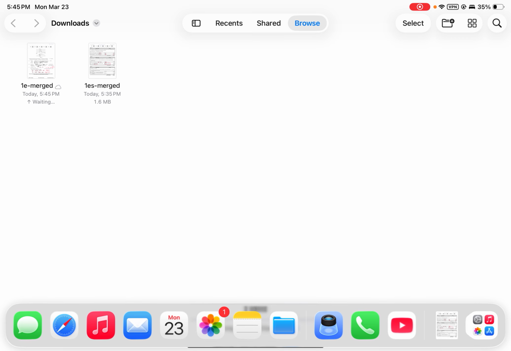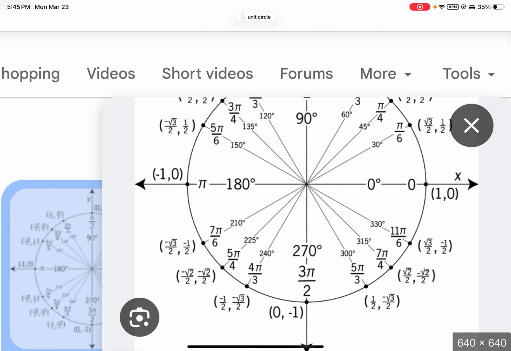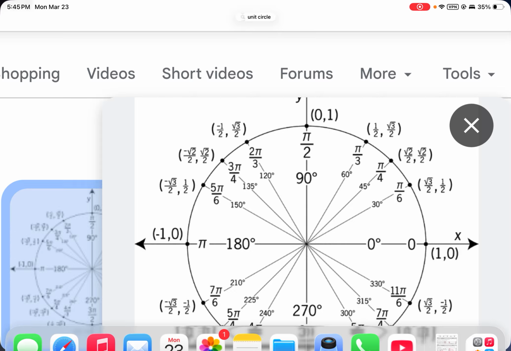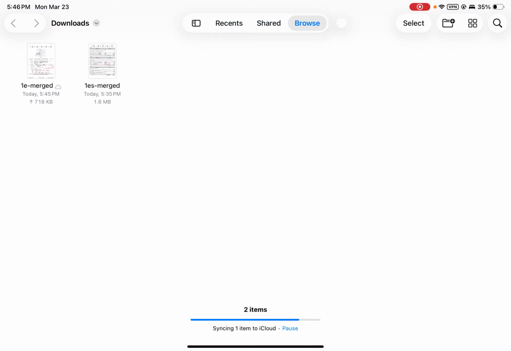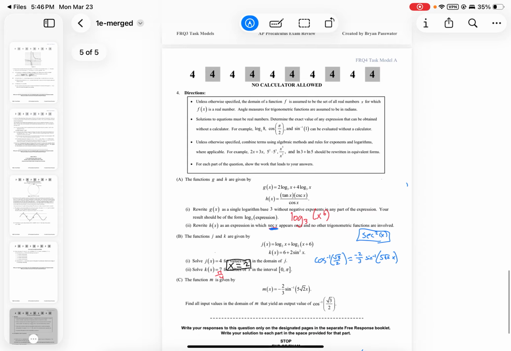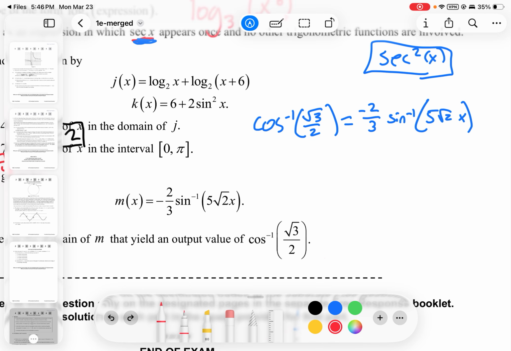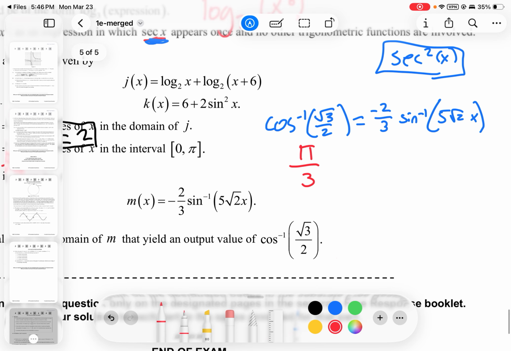Oh, the arc sine is restricted inherently. Okay, so arc sine is restricted to this top part here. So we want to know, where does the cosine equal the square root of 3 over 2? Well, that's pi over 3. So we can switch this, and if you get this correct, this is 1 point right here, pi over 3.